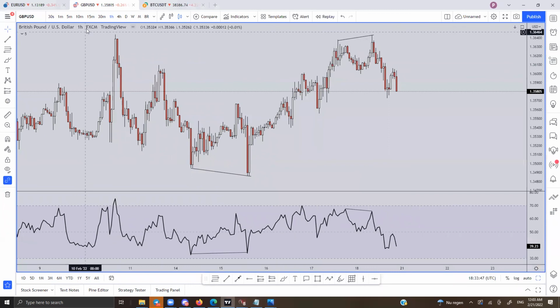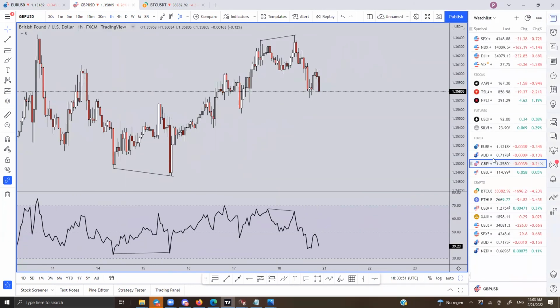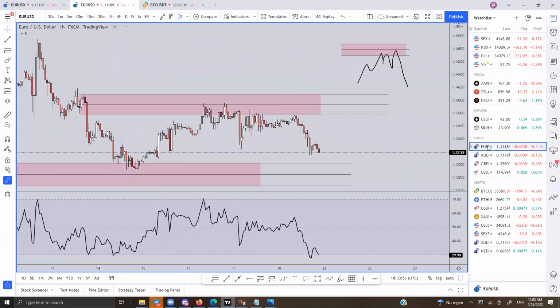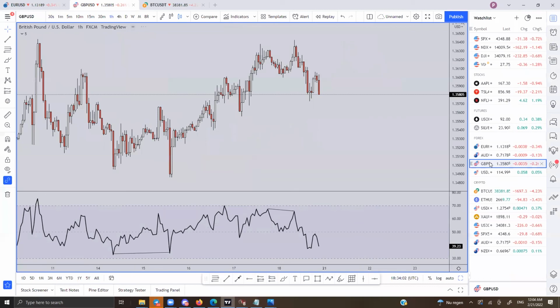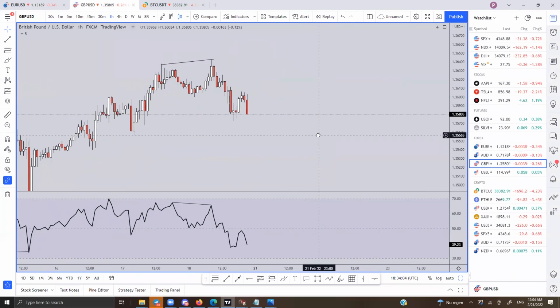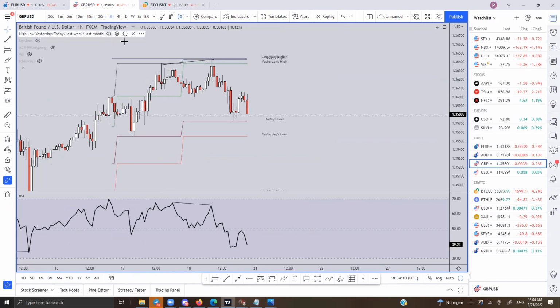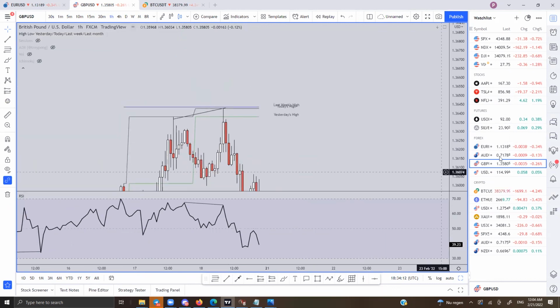And the setup we do normally, my best setup, is I wait for yesterday's day high and yesterday's day low to be taken out, because that is where most of the liquidity is, and then we react. GBP USD also, if I check this indicator for yesterday's high and low, see what happened there.